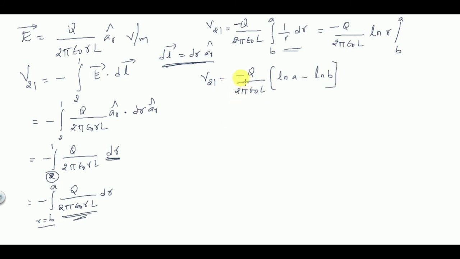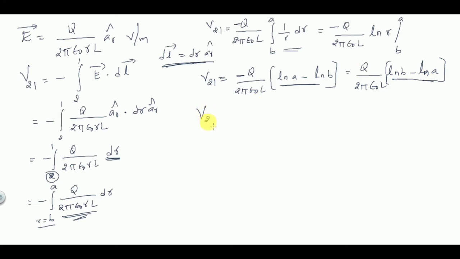If you take this minus inside the bracket, you can write it as Q by 2 pi epsilon naught L into log of b minus log of a. Log b minus log a can be written as log of b by a.